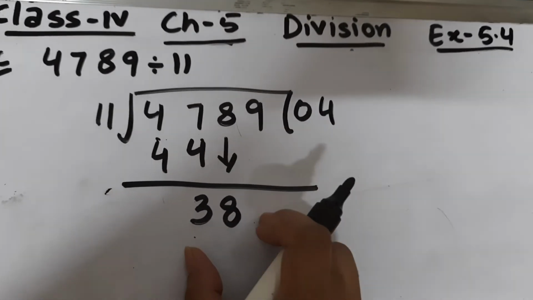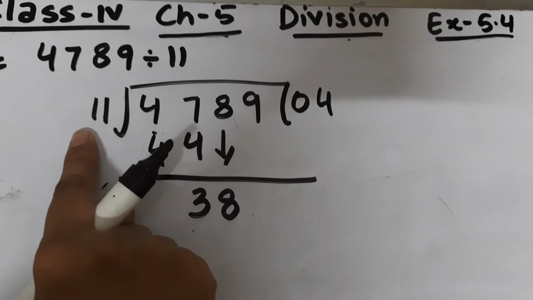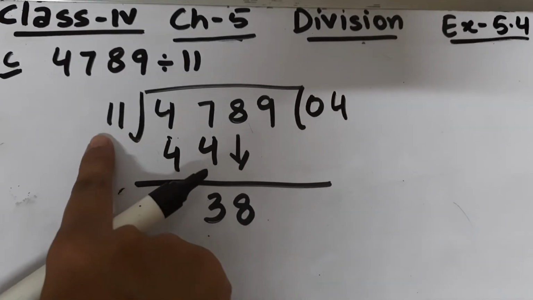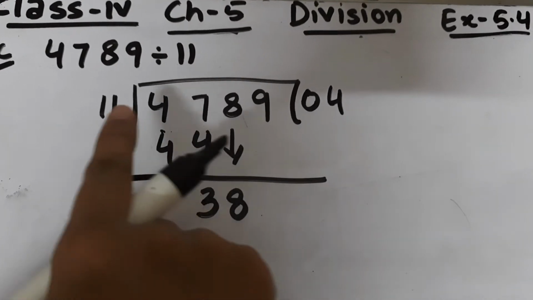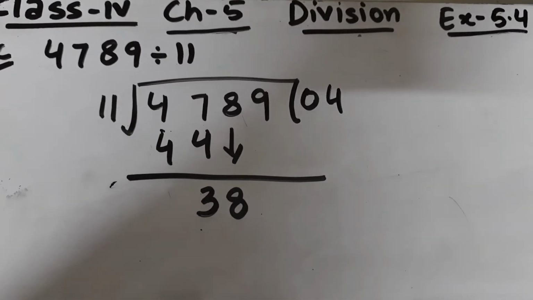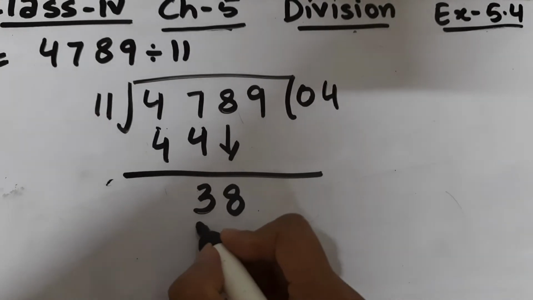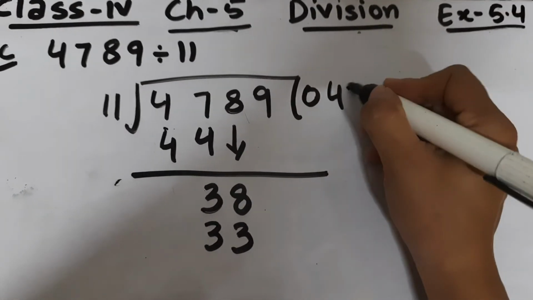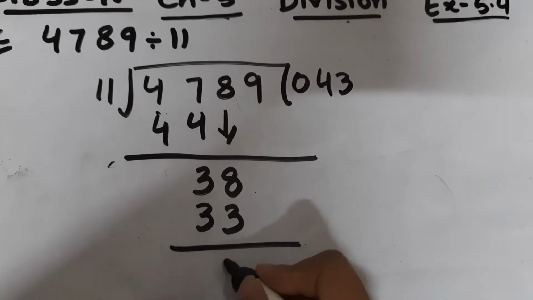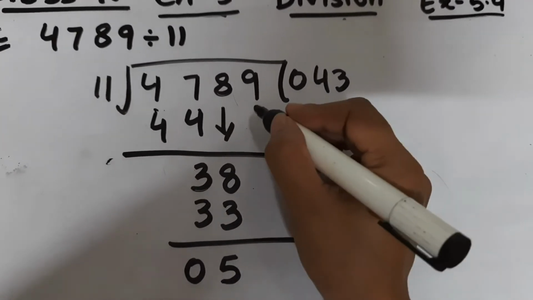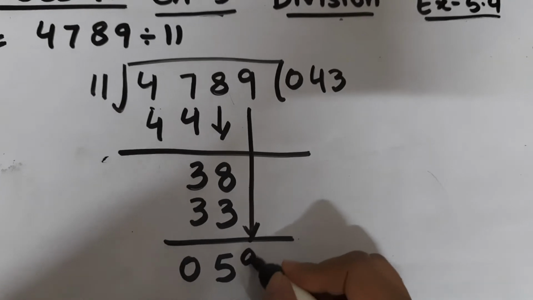Now does 38 come at the table of 11? 38 doesn't come at the table of 11, so we will take a number that is just smaller than 38 and comes at the table of 11, and that is 33. 11 threes are 33. Now subtract it. 8 minus 3 is 5, 3 minus 3 is 0, and bring this 9 down.